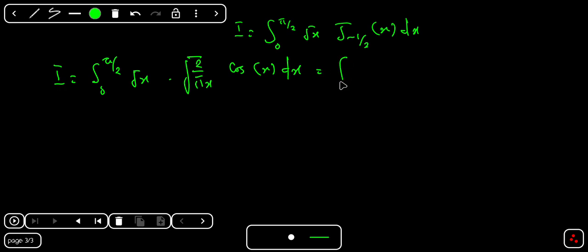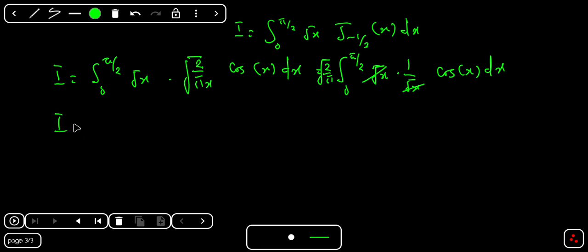I can bring out square root of 2 over pi outside here. Then I have square root of x multiplied by 1 over square root of x multiplied by cos x dx. We can see that square root of x will cancel out square root of x. So we have I equal to square root of 2 over pi, then the integral from 0 to pi over 2 of cos x dx. And remember, if you integrate cos x, that will surely give us sin x.